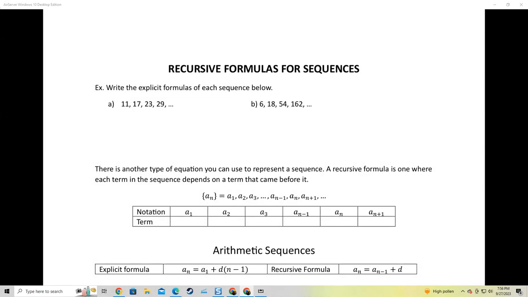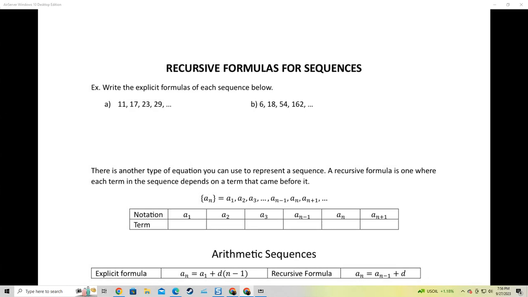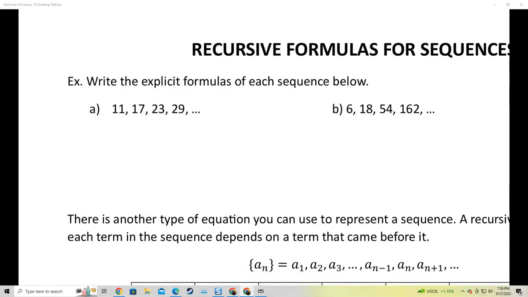It says, write the explicit formulas for each sequence below. So the first thing I want to do is figure out what is happening with these sequences. It looks like this time I am adding 6, adding 6, adding 6. Let me remind you that the explicit formula for an arithmetic sequence looks like this.